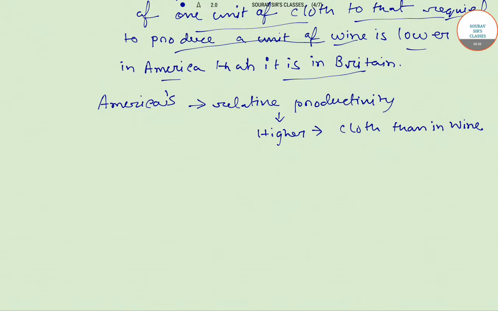So symbolically, if you write it, aLC divided by aLW, that is the opportunity cost of producing cloth in America, is less than a star LC divided by a star LW, the opportunity cost of producing cloth in Britain.